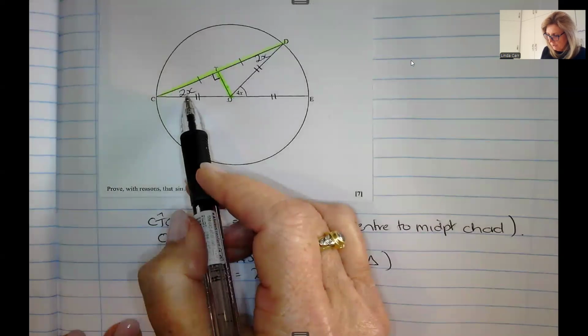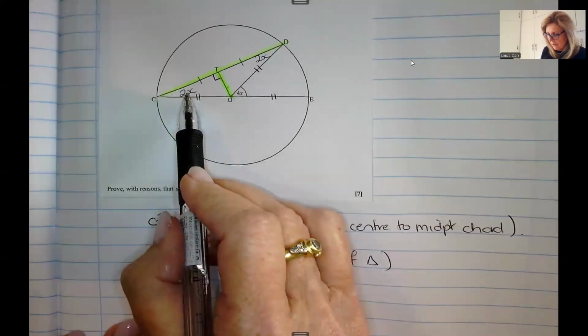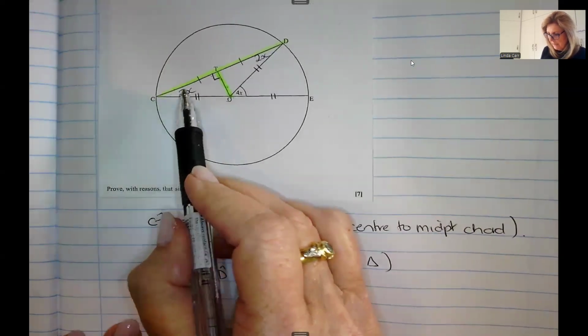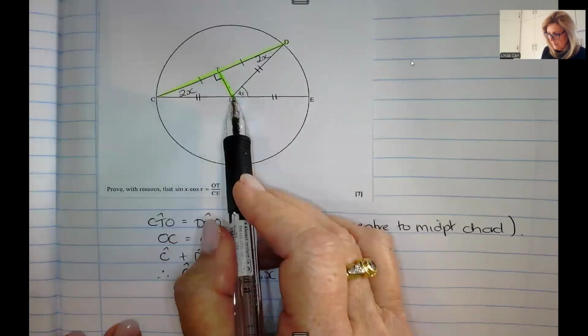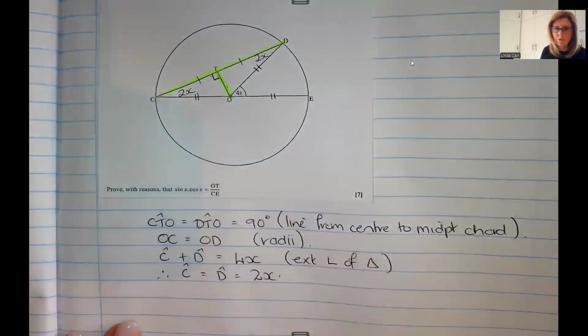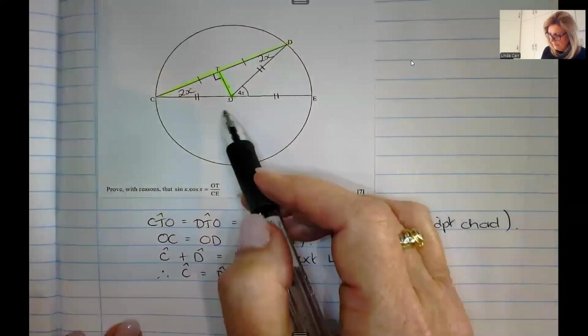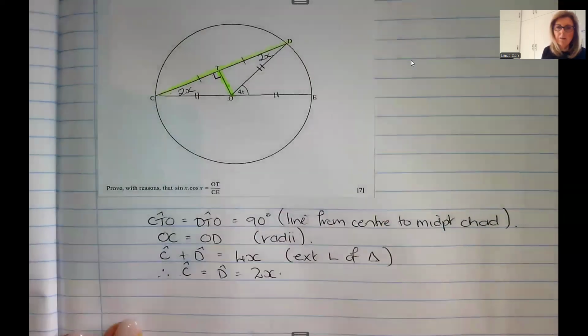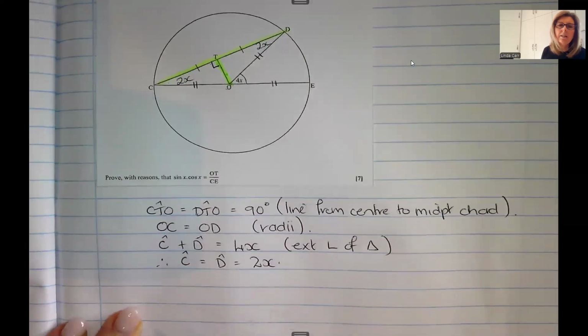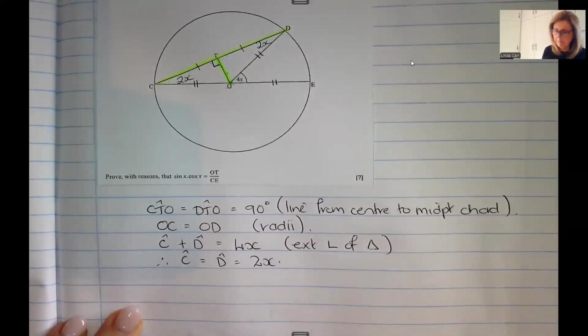And if I were to use sine of 2x, I could say that is opposite over hypotenuse, which gives me OT over OC. It's got an OT and an OC, and I want a CE. So OC and CE are related in some way.